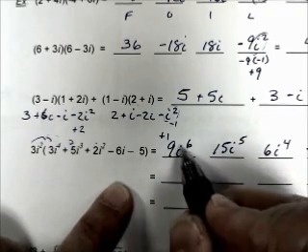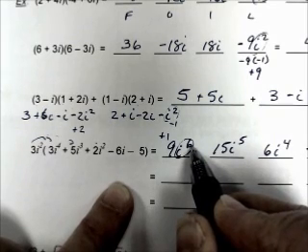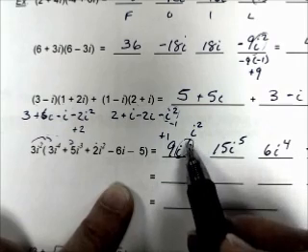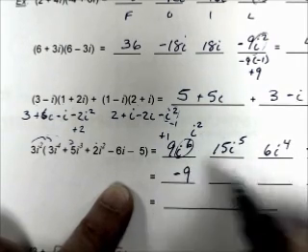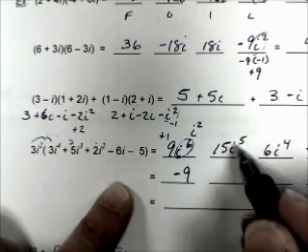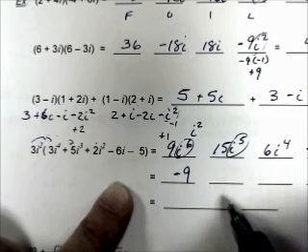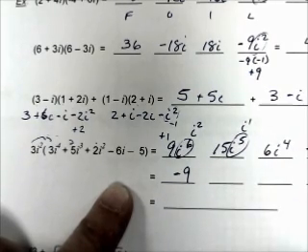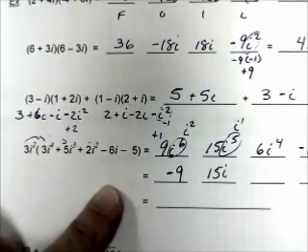Now, i to the 6th, that's equivalent to, divide 6 by 4. 4 goes into 6 once with a remainder of 2. That's equivalent to i squared, which is negative 1 times the 9 is negative 9. i to the 5th, 4 goes into 5 once with a remainder of 1, so that's equivalent to i to the 1st, which is simply i, times 15 is 15i.